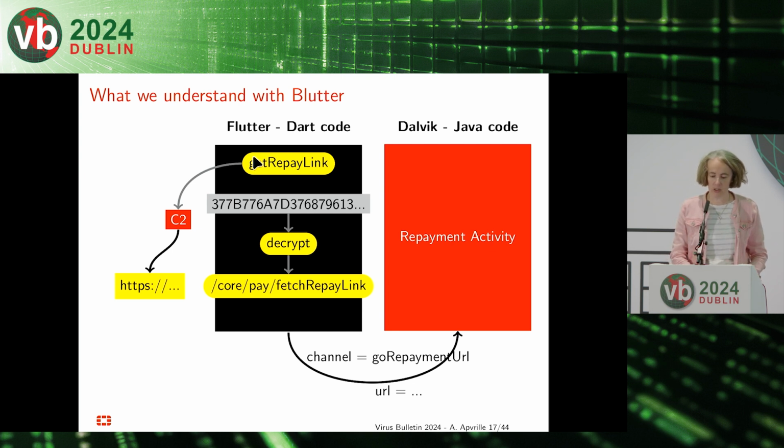We see that actually it's constructed in two different parts. The first one, it gets the first part of the URL from a remote server, and the other part is decrypted from an encrypted ciphertext, which is in the Flutter side.